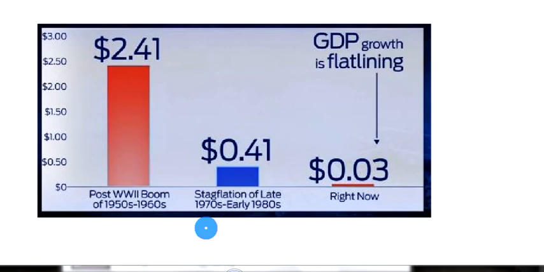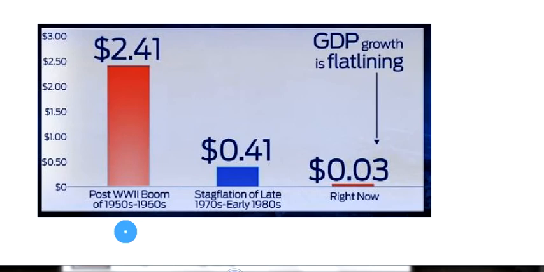Here's another explanation of debt and how it's affected our economy. In post-World War II, the 1950s and 60s, for every dollar that the U.S. borrowed, the United States market economy produced $2.41 of GDP. So let me say that again.